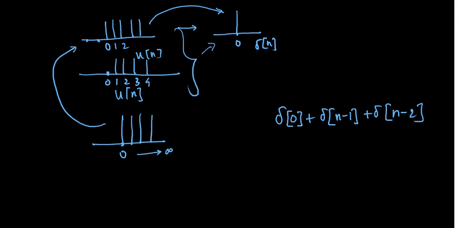Because if I define del of 1, that will be 0, right? You need to add it up till infinity. So it turns out to be the sum for k equals 0 to infinity of del of n minus k. Is that okay now?